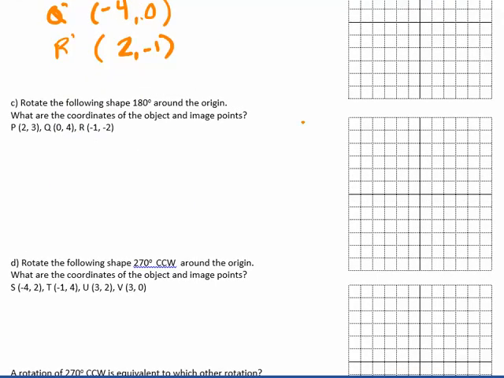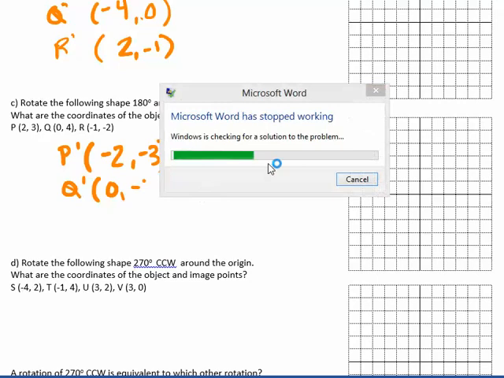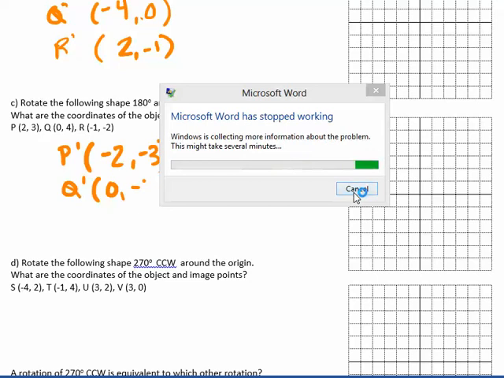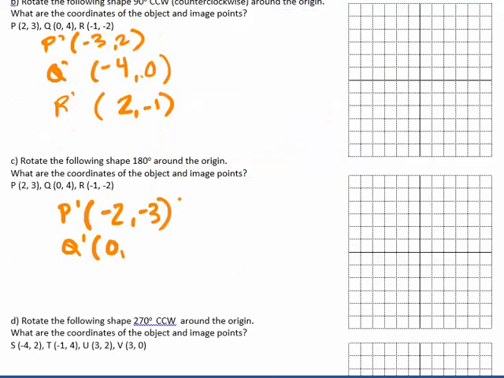And if I keep going lower, for letter C, I have P prime is -2, -3. Q prime is 0, -4. Oh, Microsoft is not working. We have 0, -4, and R prime is 1, 2.